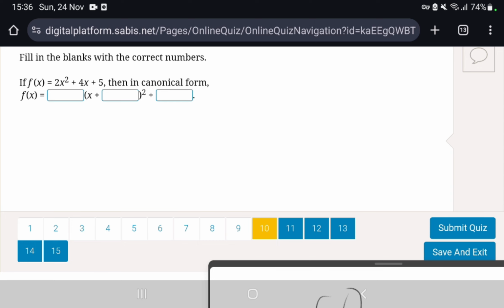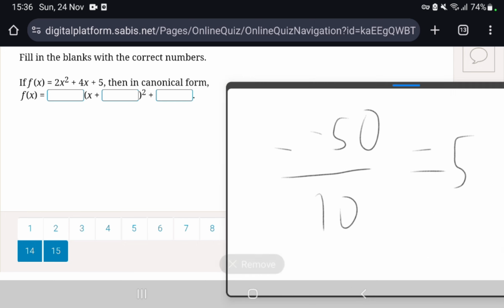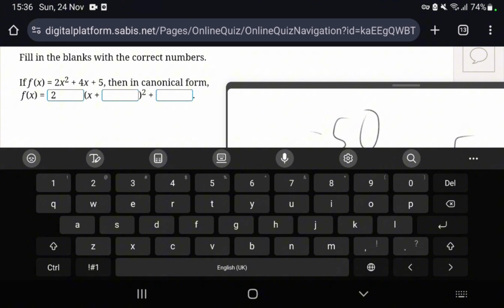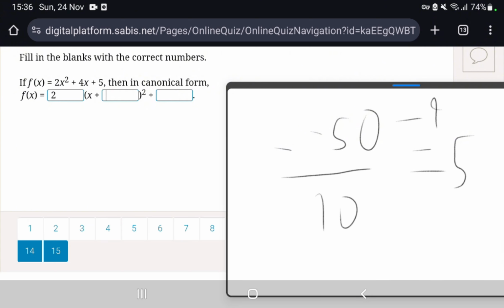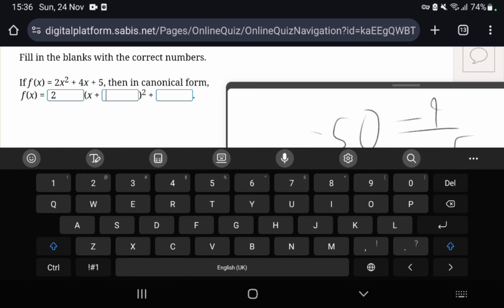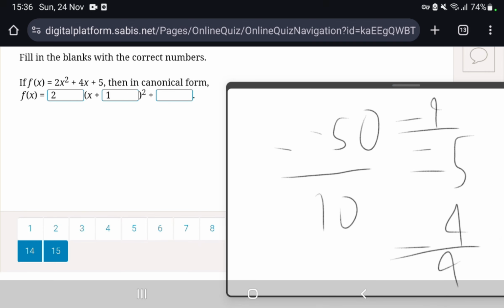For this one, for the first number, it's always the first number. For the second one, we do -4 over 4, and we get -1, but because the form is a(x minus h) plus k, we put 1.